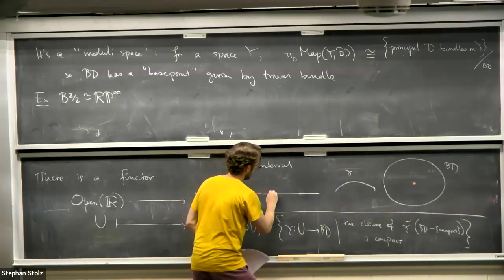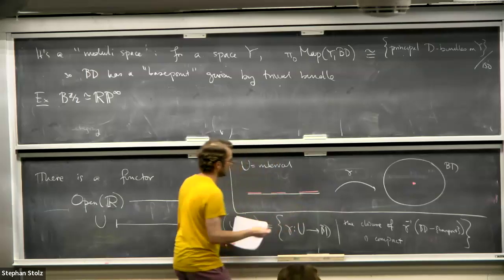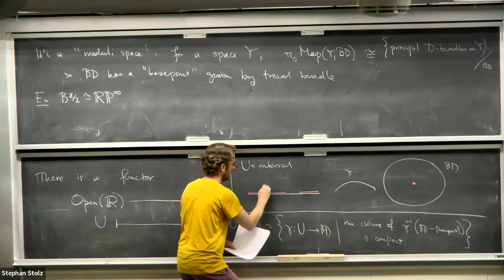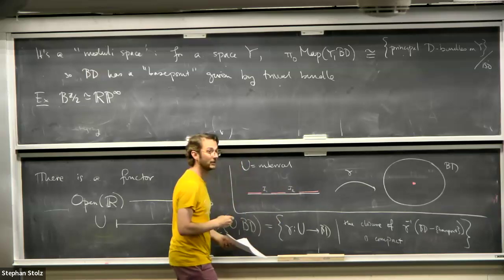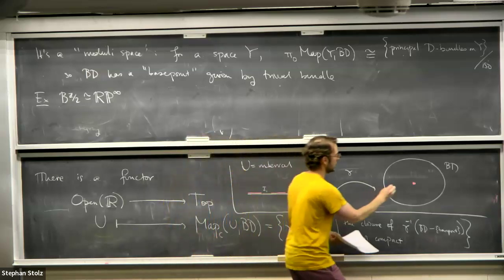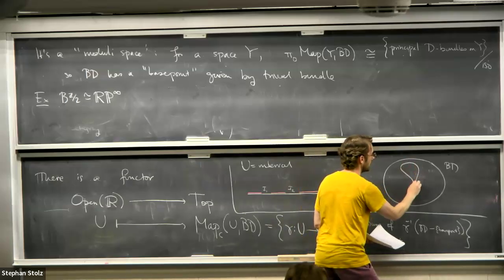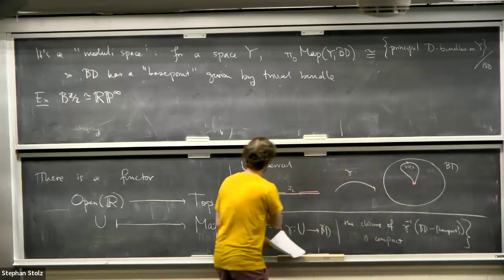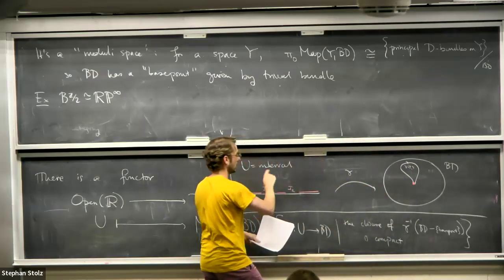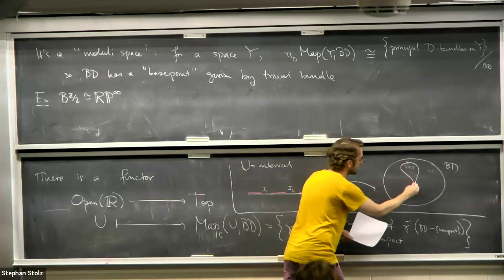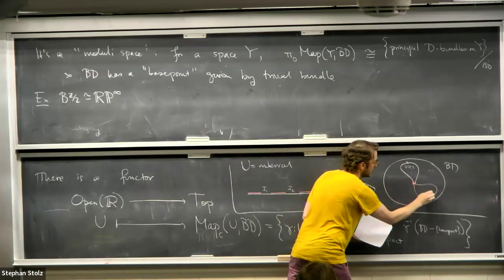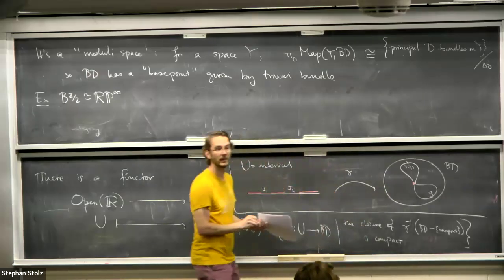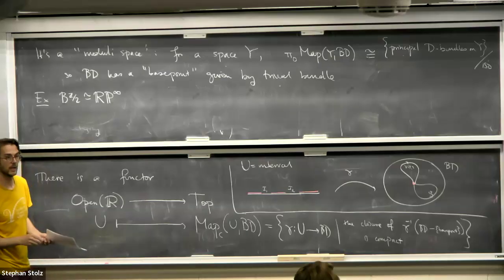Then there are some subintervals, I1 and I2. During the I1 period, you're allowed to wander away from the base point. So this is where gamma of I1 lives. You sit there for a while, you suddenly do something, you make a little loop, and then later on I2 it goes around, and then you sit there at the base point. Okay, those are the kinds of maps you're allowed.